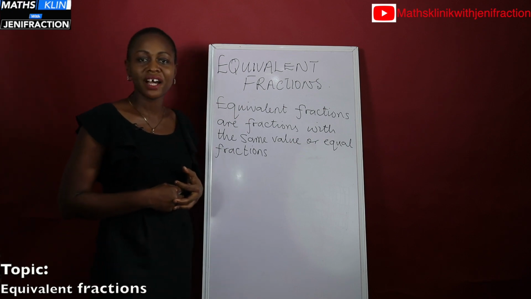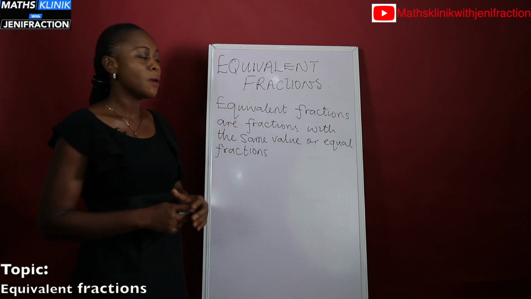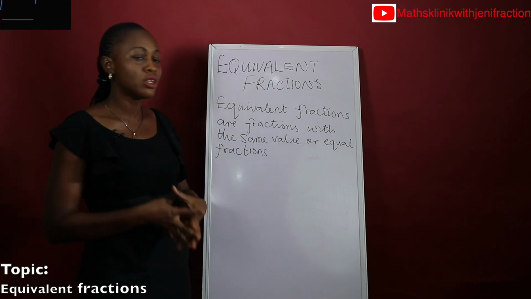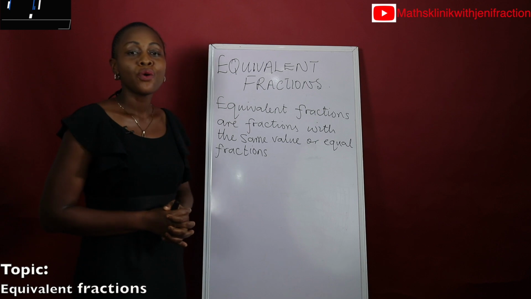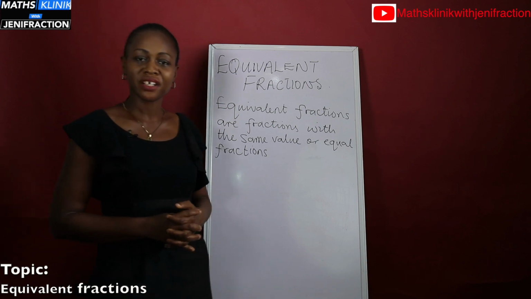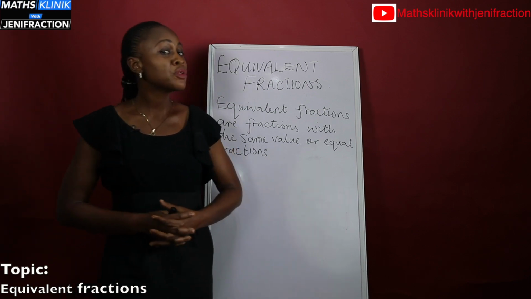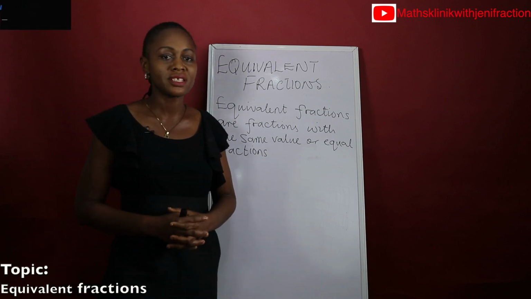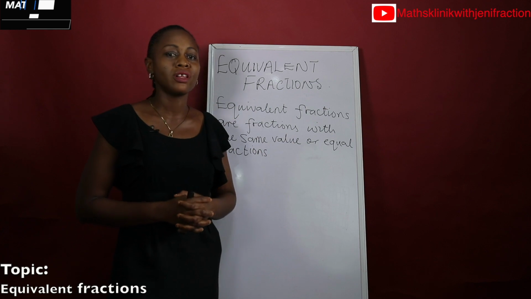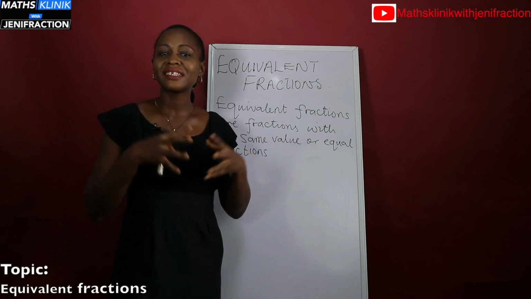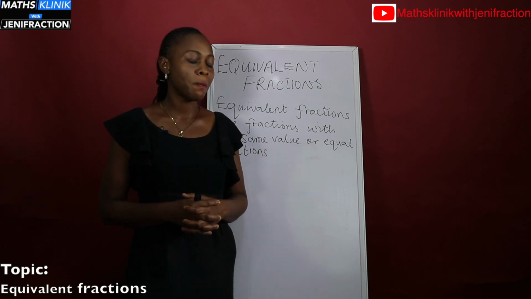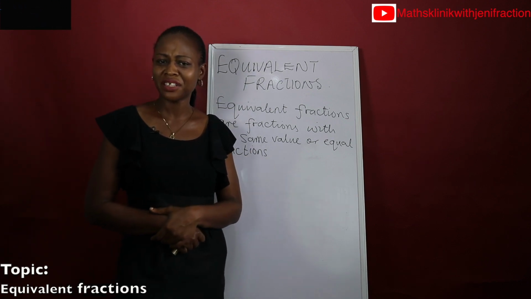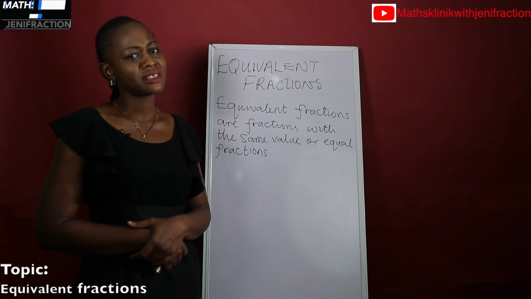They have the same value to the whole, the same proportion to the whole number. So, when we're talking about equivalent fractions, even though they have different numerators and different denominators, they are equal in value. They are the same in proportion. So, how do we find equivalent fractions of fractions?